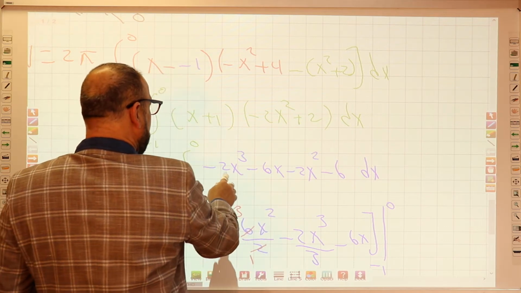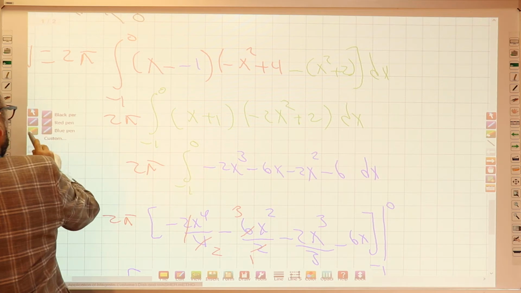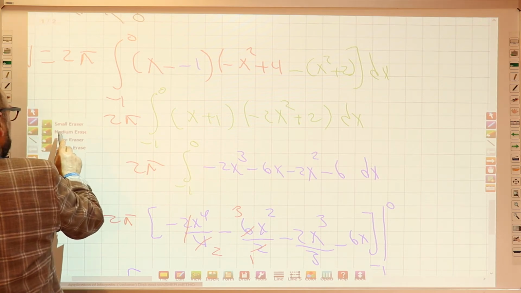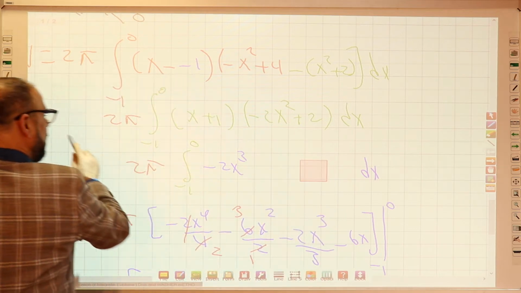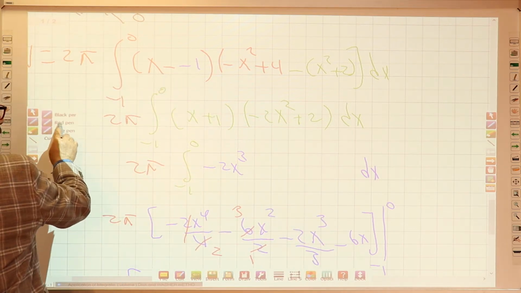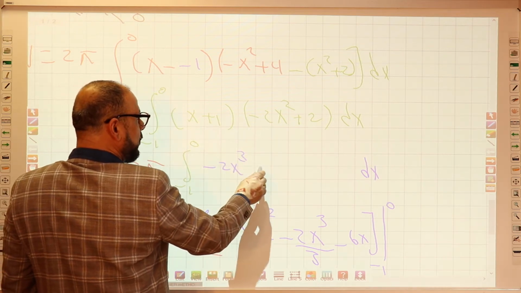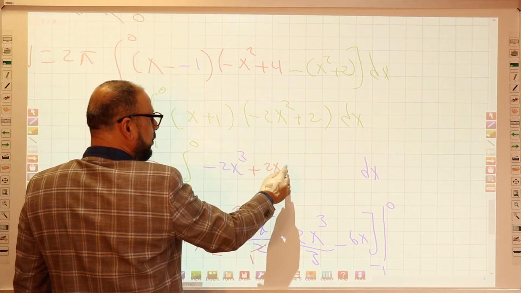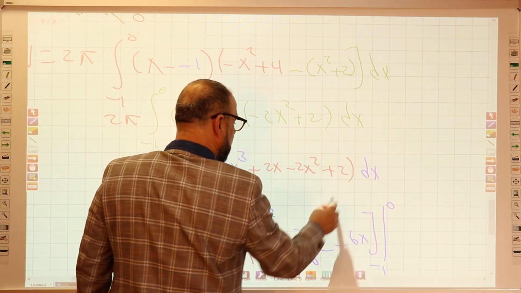When you multiply, negative 2x cubed plus 4x, let me just erase everything here and make it simple. Then multiply from here, in red for the correction: negative 2x cubed plus 2x minus 2x squared plus 2 dx.